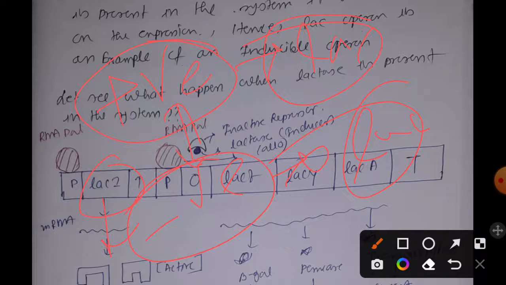It will bind with the operator position of the structural gene and prevent RNA polymerase from transcription, okay. But whenever lactose is present in the environment, the trans-acetylase will first convert some initial lactose into allolactose, okay. Now this allolactose will inactivate the repressors, and there is another important thing that you need to remember, okay.